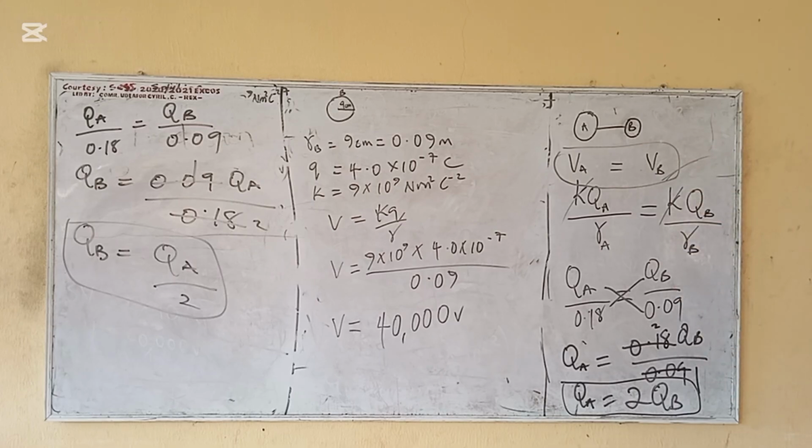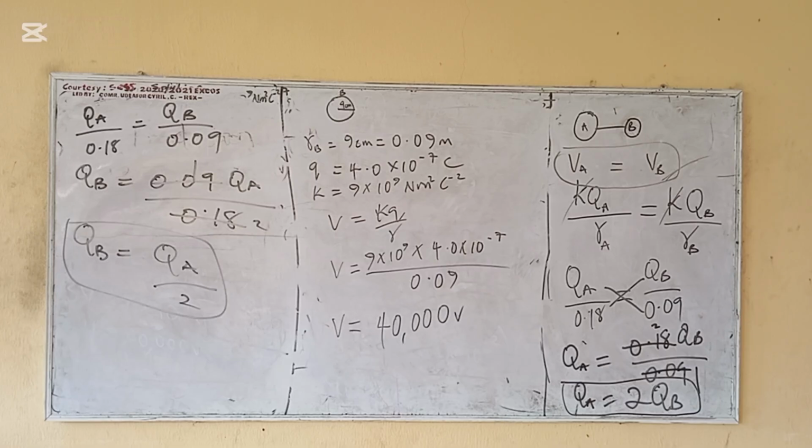So let's check for the D part. They did not tell me to solve anything on it. I just did this to show you the representation. Okay, they ask whether charges flow from A to B or from B to A when the spheres are connected with a wire.